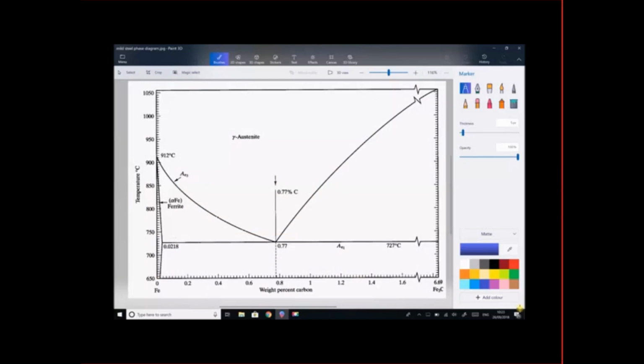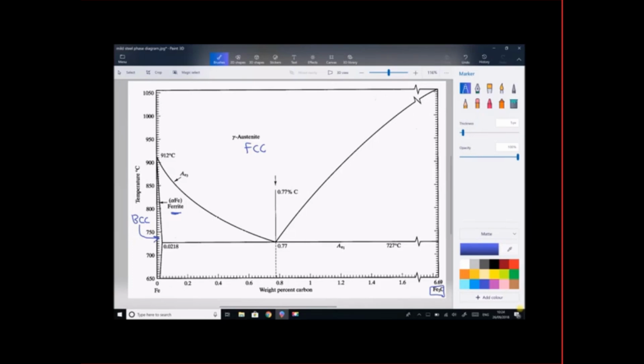Okay, so we've already mentioned that austenite or gamma steel is face center cubic. And we've also mentioned that ferrite or alpha iron is body center cubic. Now we have this very narrow band on the left-hand side which represents ferrite with a small amount of iron carbide dissolved, or Fe3C. That Fe3C is also known as cementite. So on the left-hand side we have BCC iron with a small amount of cementite dissolved.